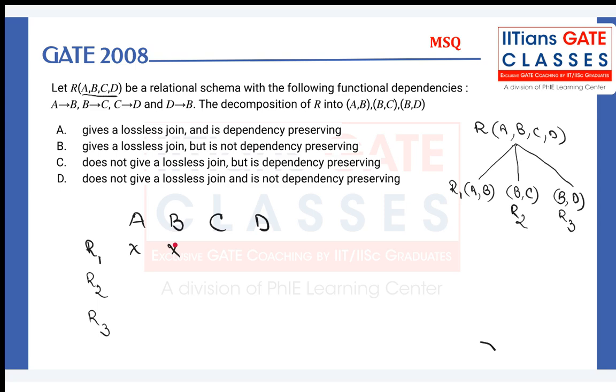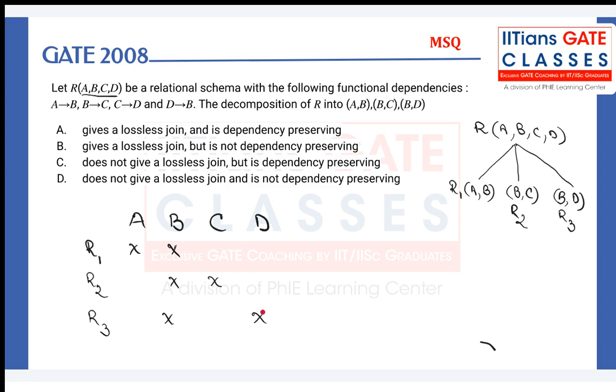R2 gives me B, C, so I will mark B and C. And R3 gives me C, D. So far, so good. Is the setup clear? It's very simple. Just follow along. Now please pay attention.